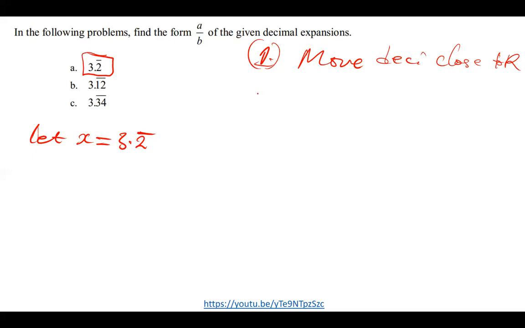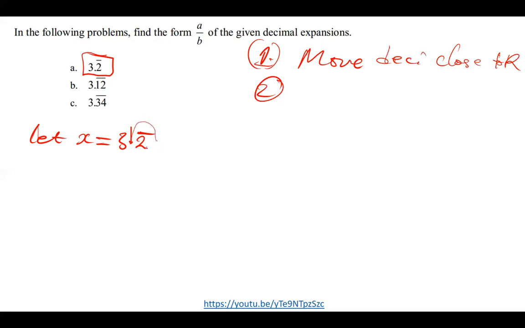And then step 2, we now have to move the point to cover the number that is repeating. If you have 3 numbers that are repeating, you move the point 3 times. In this case, we have 1 number. So this decimal point, we just move once.